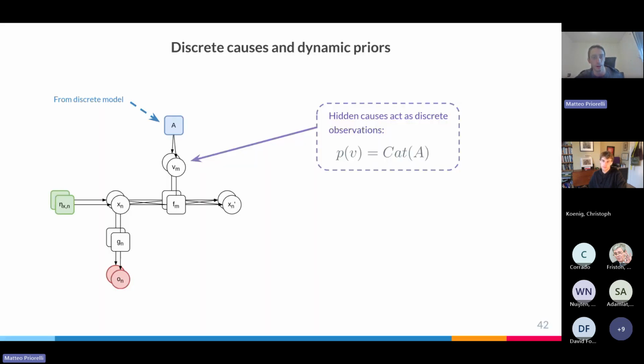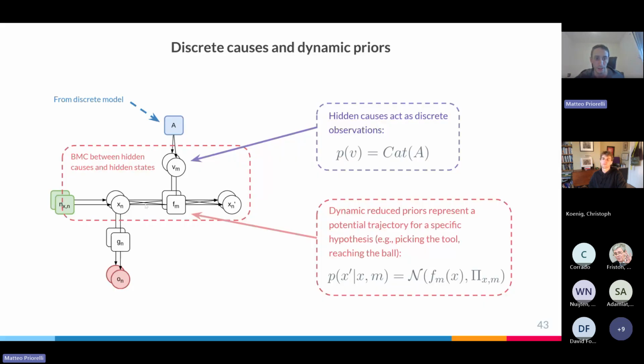Okay, so to do this, we sample the hidden causes from categorical distributions, which are linked to the discrete model directly. So in this case, the hidden causes act directly as the discrete observations for the discrete model. And you see that the Bayesian model comparison is done at a lower level between the discrete hidden causes and the continuous hidden states.